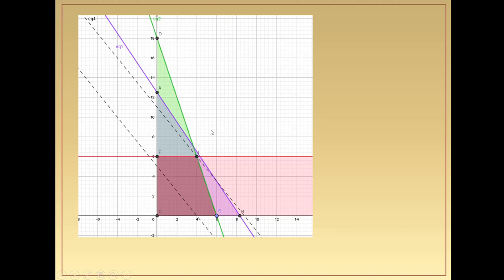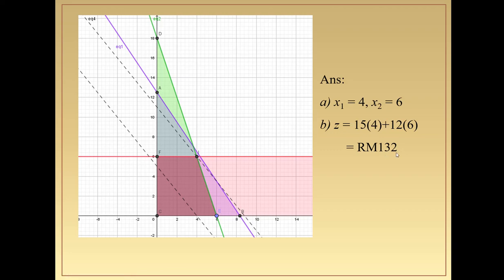Therefore, the optimal solution of this problem is x1 equals 4, x2 equals 6. Then to get the maximum revenue, we substitute x1 and x2 into the objective function. We get the Z value, or the optimal value. The optimal value is RM132.